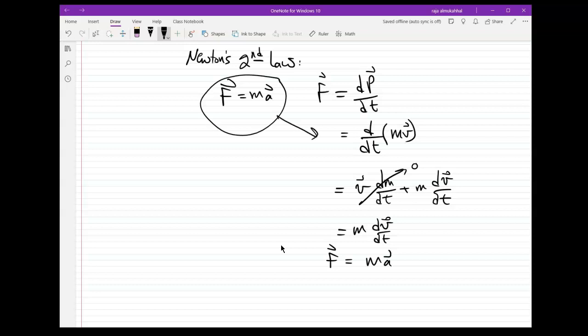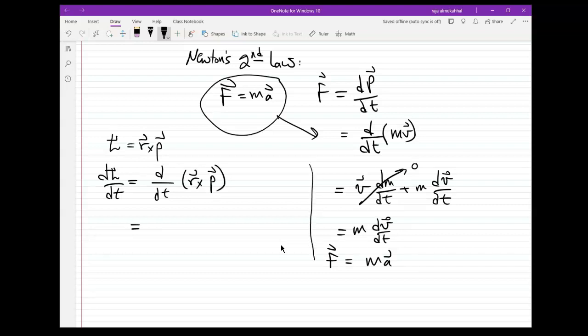Now we can do something similar to that. If I take the angular momentum, we said it's equal to r cross p, right? If I consider the time derivative of it, look what will happen. That means I'm going to take the time derivative of r cross p. I'm just doing a quick derivation for you.